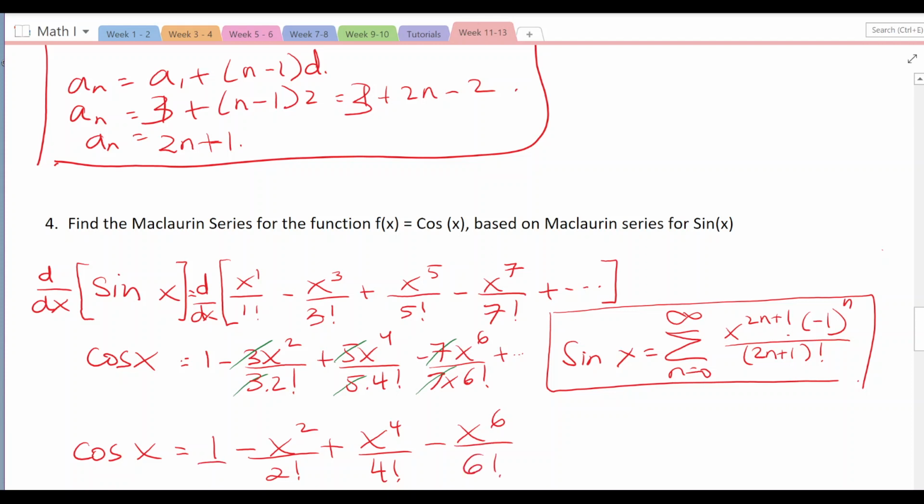We can say that the 1 is 0 factorial, by the way, because 0 factorial is also 1. So you can see we have patterns appearing, dot dot dot.